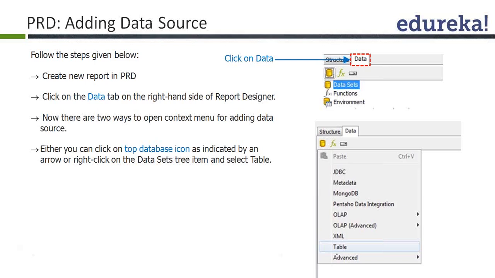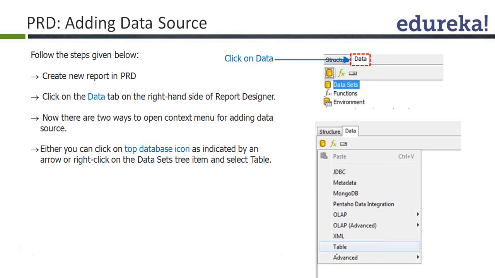Now the data set for the problem statement is available in LMS. So this is the example. This is the problem statement for our example. You have to get the top 5 companies with their respective profit and sales. Now let's go step by step. You'll have to first add the data source.